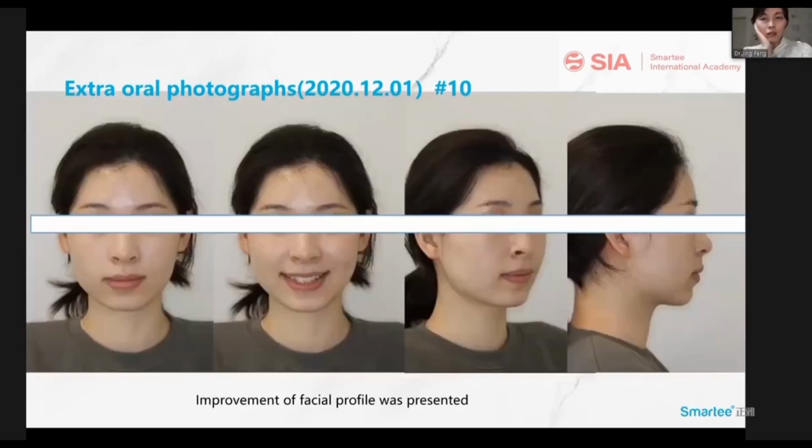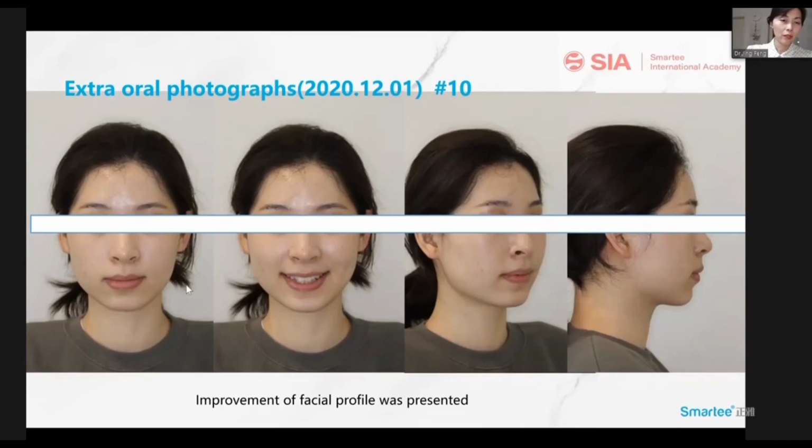And this is step 10, the 10th set of the aligners, where the lower jaw moved forward significantly, and the facial profile was improved.